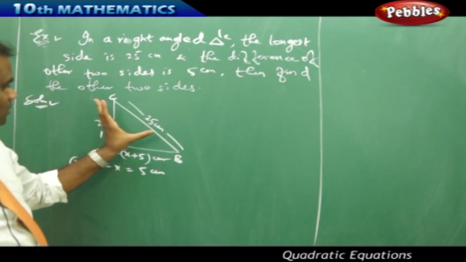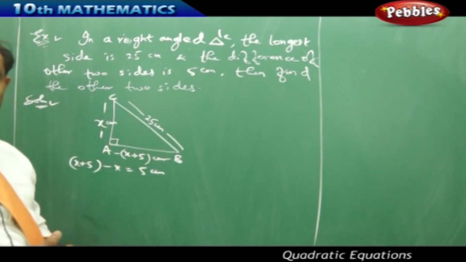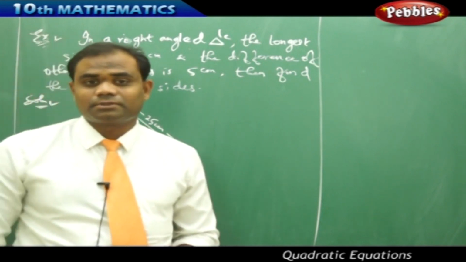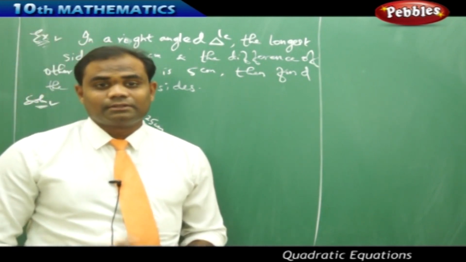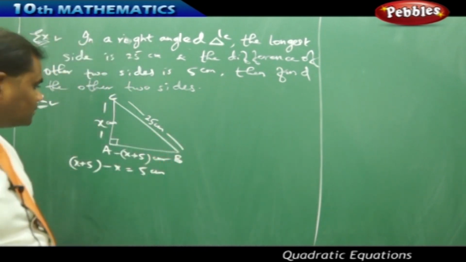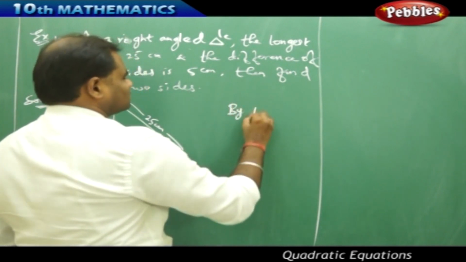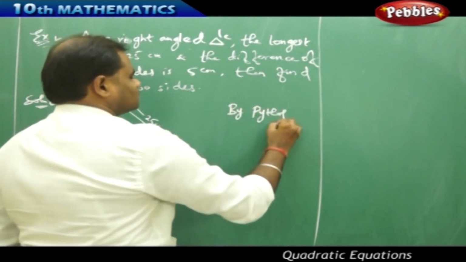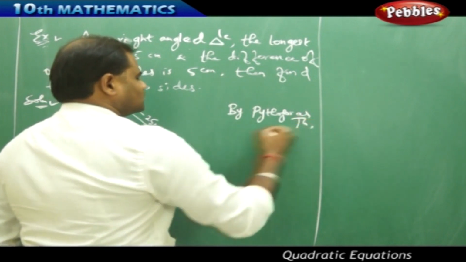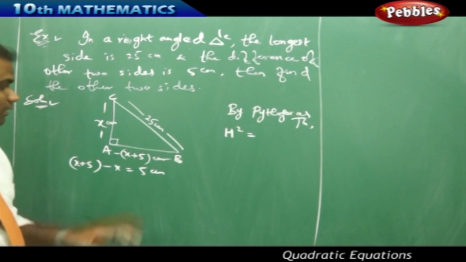Now, with the dimensions 25, x and x plus 5, I clearly use the Pythagoras theorem, the most important theorem connecting the right angled triangle with its respective sides. By Pythagoras theorem, the hypotenuse square is the sum of the squares of the other two sides.